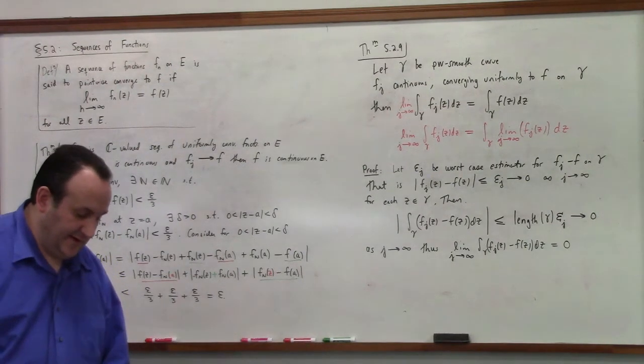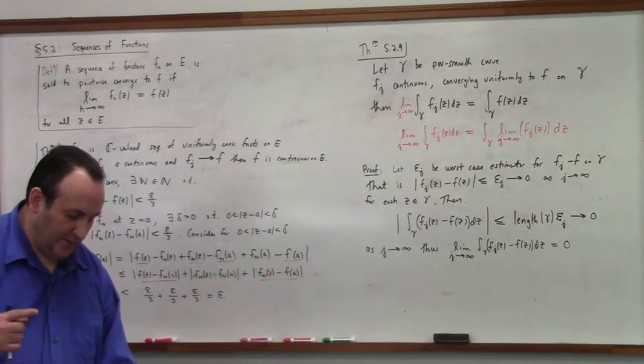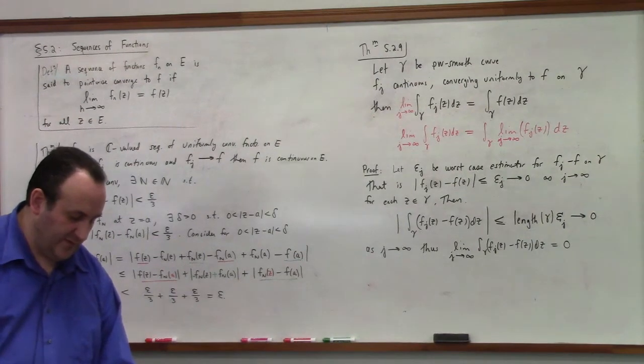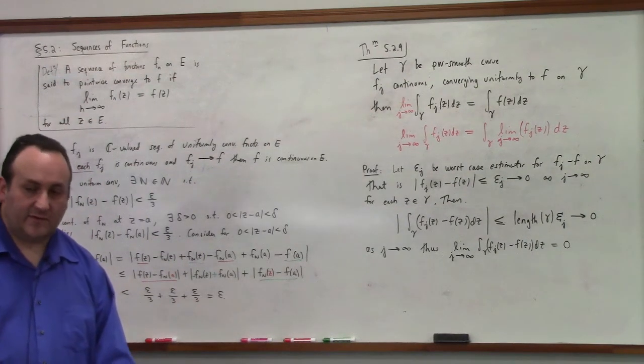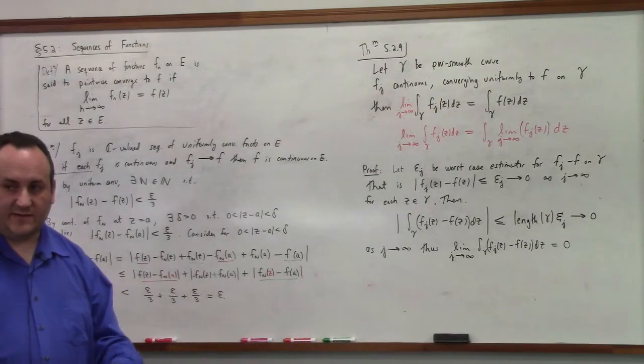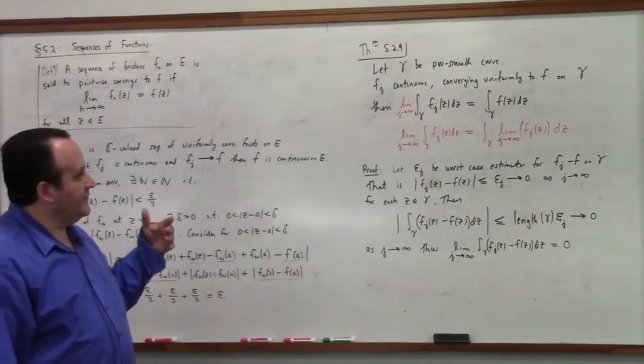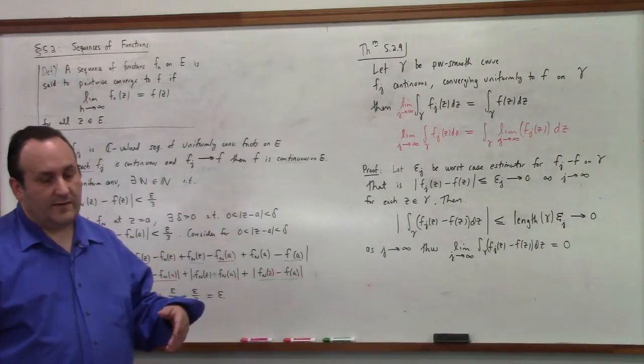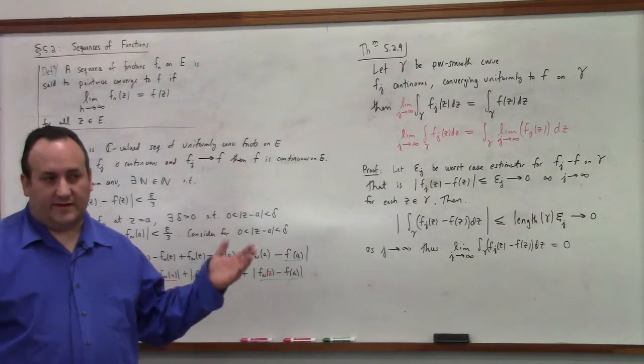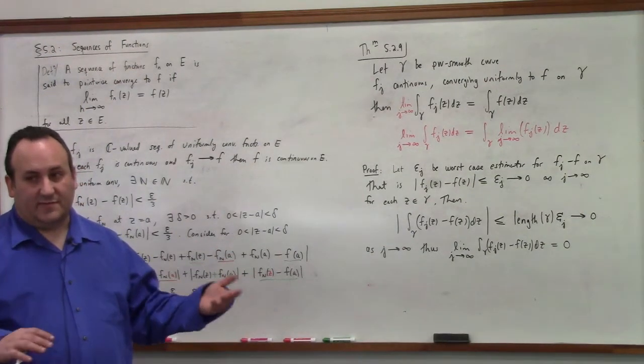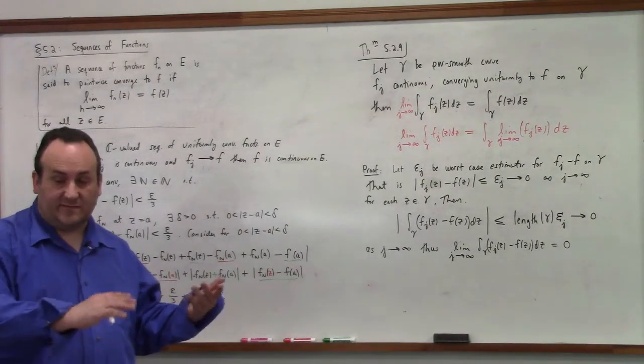And then once we have that, we'll have the next theorem, which says that a sequence of holomorphic functions on a domain D that converges uniformly to F, then F is holomorphic. Unlike example 3 going to example 4, where we lost differentiability of the limit, we're going to see that in the complex case, you can't lose complex differentiability of the limit.